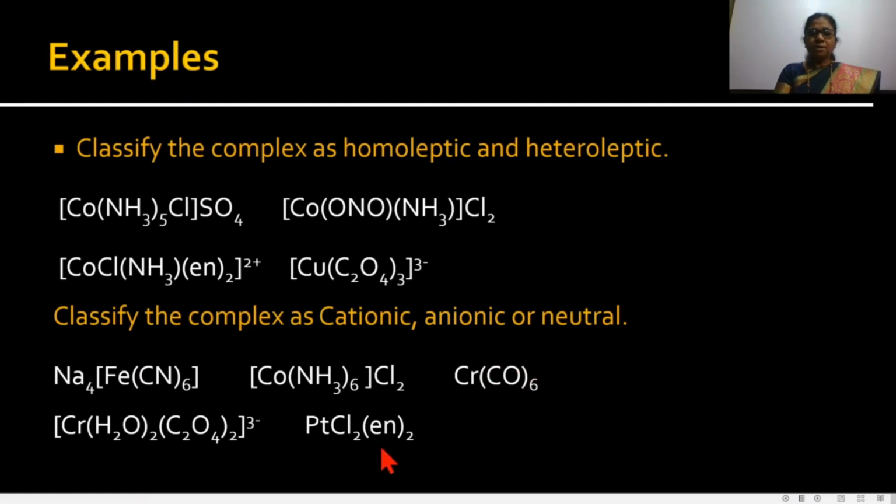Therefore, it is a neutral compound. In this example, this is the coordination sphere. Here, the charge is negative. Therefore, this compound is an anionic compound. And in the last example, this compound does not have any charge. Therefore, it is a neutral complex. In this way, we can classify complexes as heteroleptic and homoleptic, or cationic, anionic or neutral complexes.